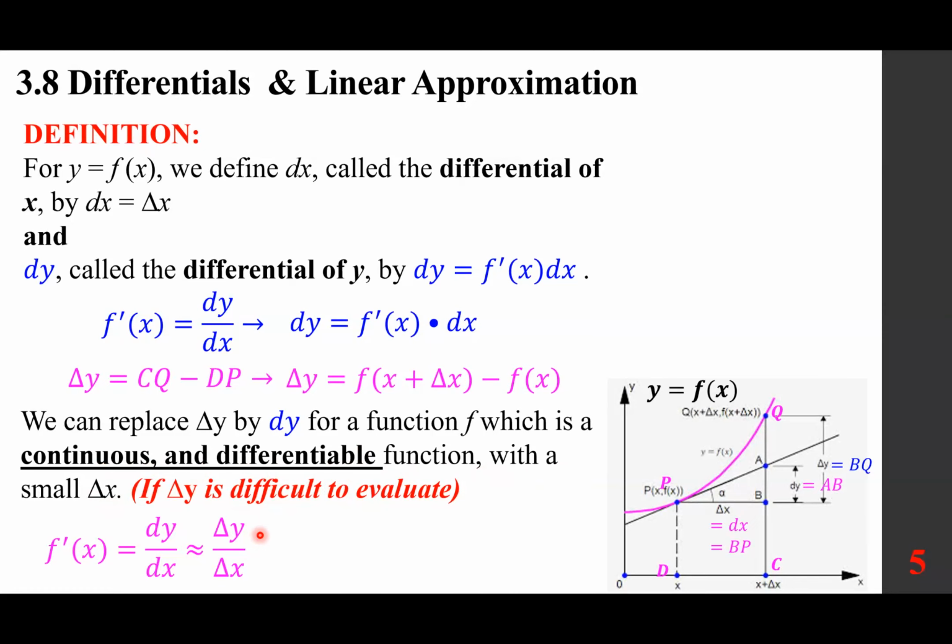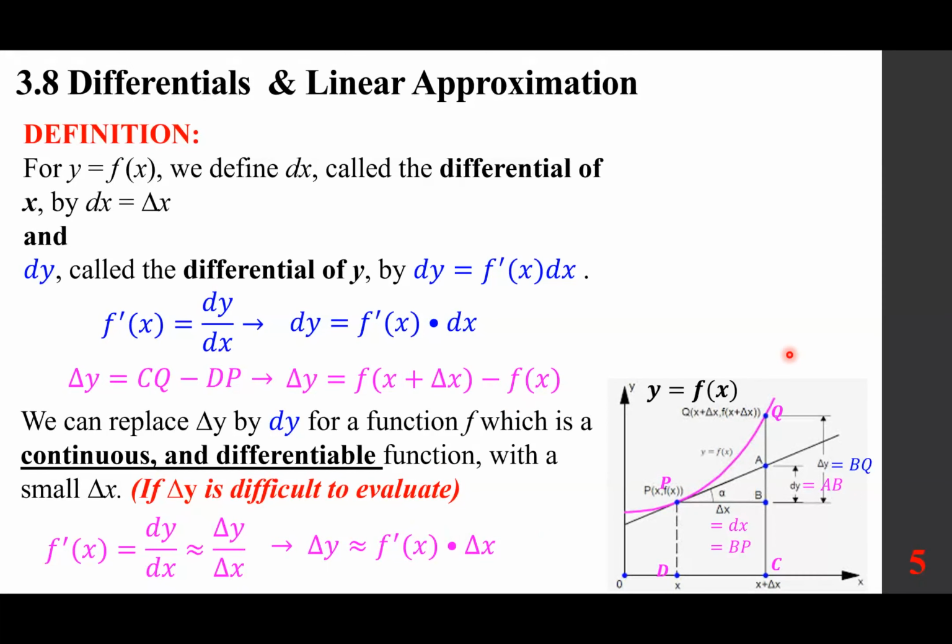And therefore, instead of saying that dy is f prime of x dx, we're going to say delta y is approximately equal to that. And by the way, whether I use dx or delta x makes no difference. So delta y can be approximated by this. This is the precise value. It's an approximation.